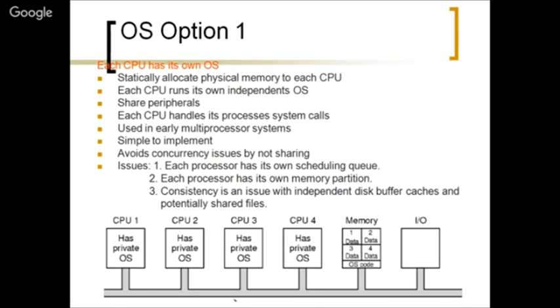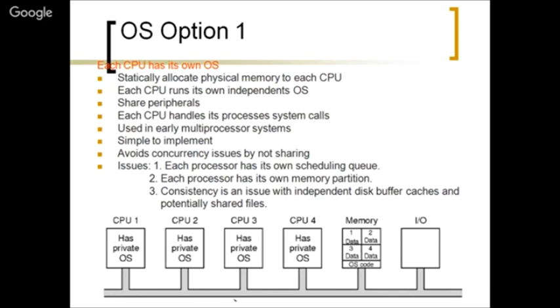But again, there is a problem. If every CPU runs its own OS and one CPU wants to share some data with CPU 2, 3 and the others, sometimes compatibility issues will be there. Obviously, we have to program it accordingly, so sometimes it's difficult.